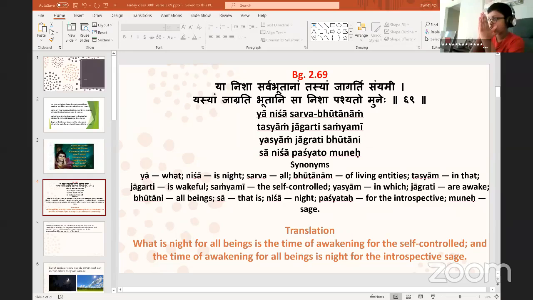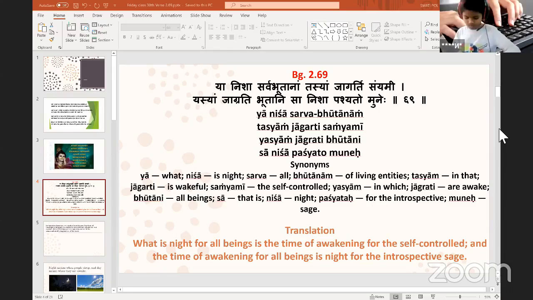Tasyam, Tasyam, Tasyam, Tasyam, Jagrati, Jagrati, Jagrati, Jagrati, Tasyam Jagrati, Tasyam Jagrati, Sanyami, Sayami, Sanyami.